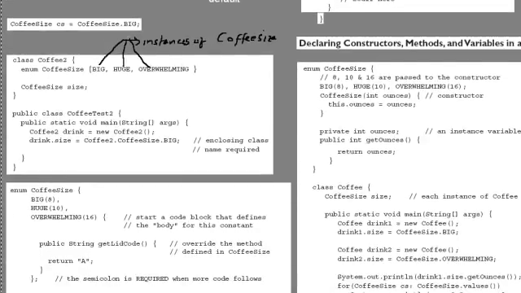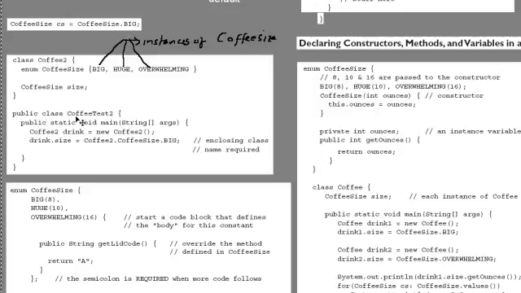Now talking about enums which are declared within a class. So class Coffee2 is a class, and CoffeeSize is an enum declared within Coffee2. Now size is of type CoffeeSize.